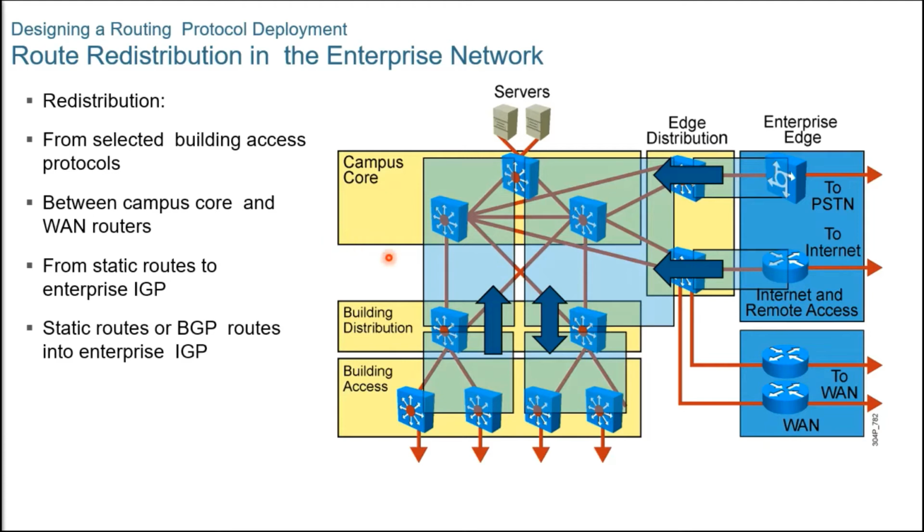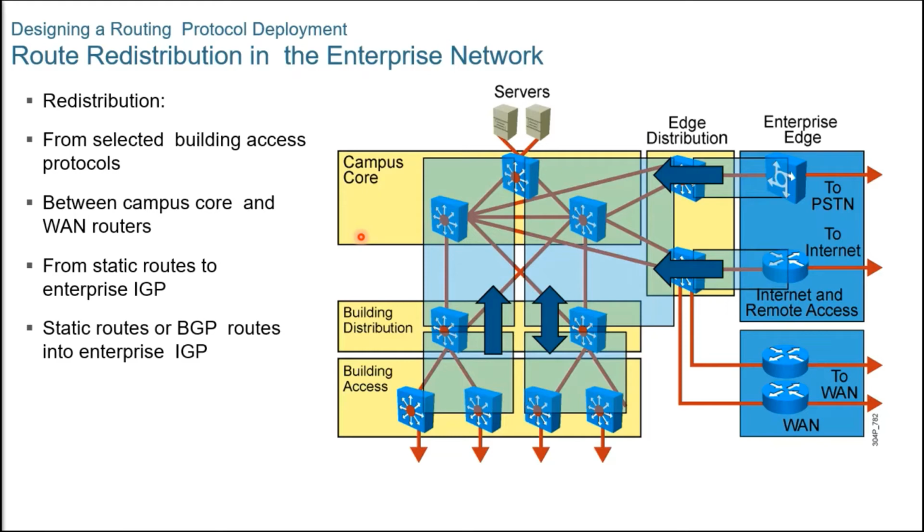This is provided by a two-way redistribution. Otherwise, static routes would have to be configured on the campus core. Now, the building distribution layer propagates only a default route down to the building access layer, whereas the building access layer advertises its own subnets to the building distribution layer.